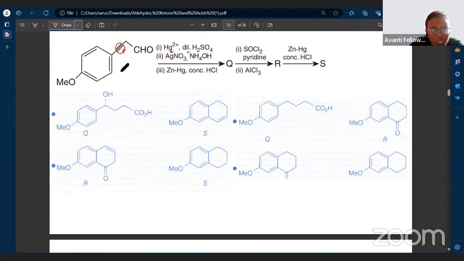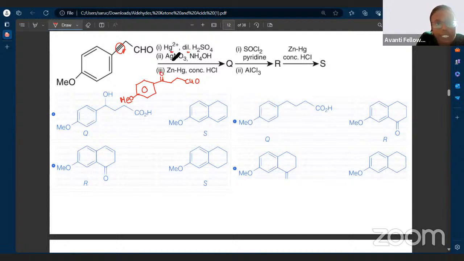So what you'll be getting over here is OMe, CHO, so you'll be getting OH double hydrogen. Now this is in enol form. When I convert this into keto form, you'll be getting C double bond O. This is my keto form.